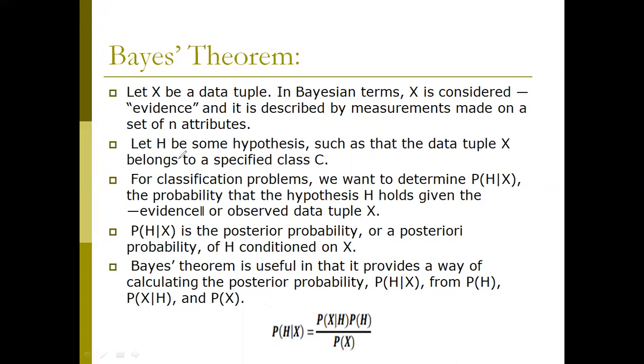Which kind of statistics are those? Those are probability, conditional probability statistics. Clear? So Bayesian classification is based on this Bayes theorem.